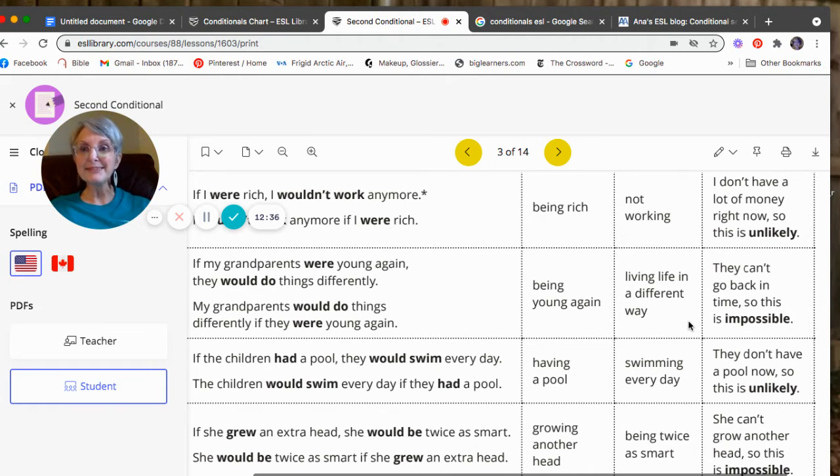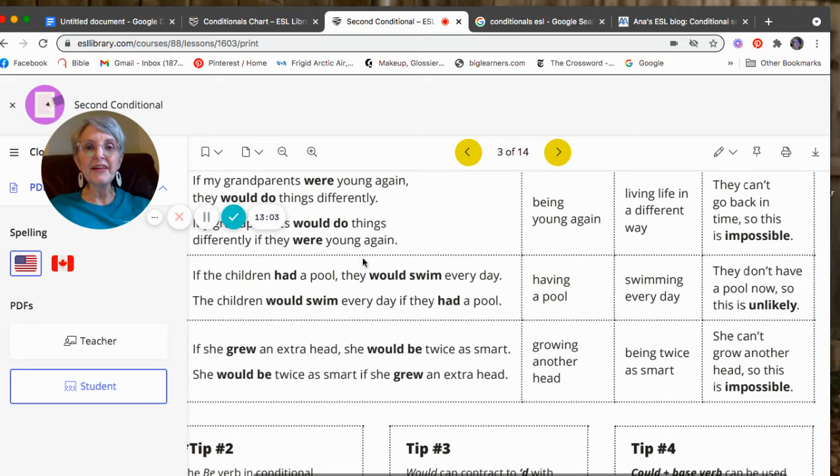So this is impossible, isn't it? Right? They can't do that. So it is just saying if they could do that, they would do things differently. So here they reverse those two clauses. They say, my grandparents would do things differently if they were young again.